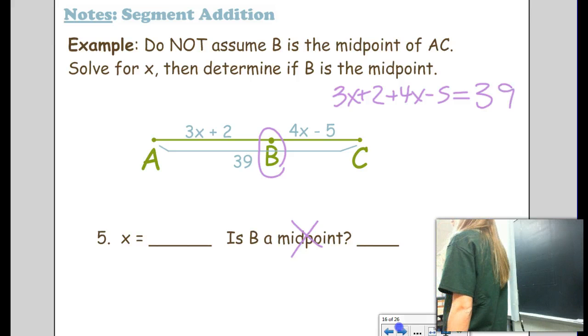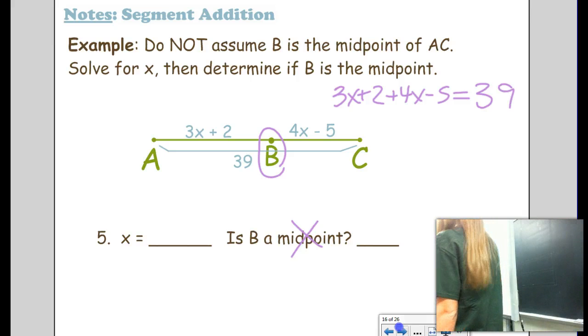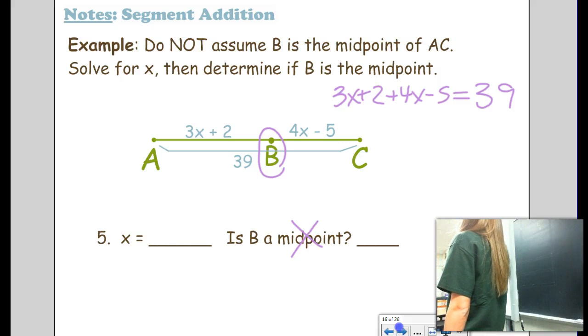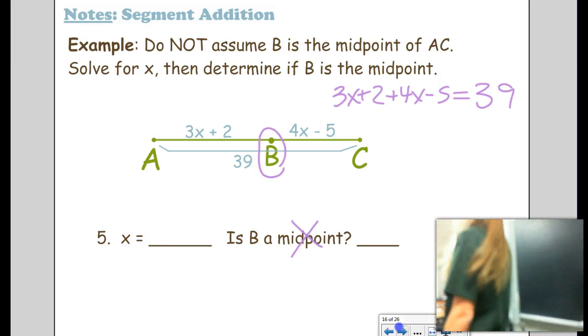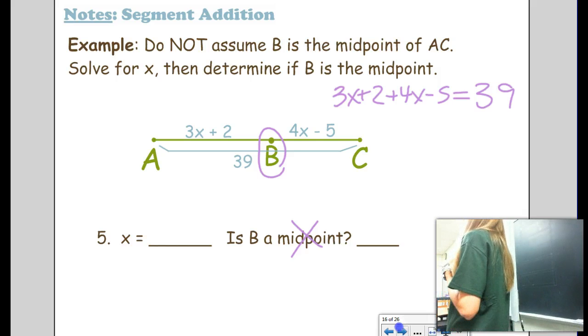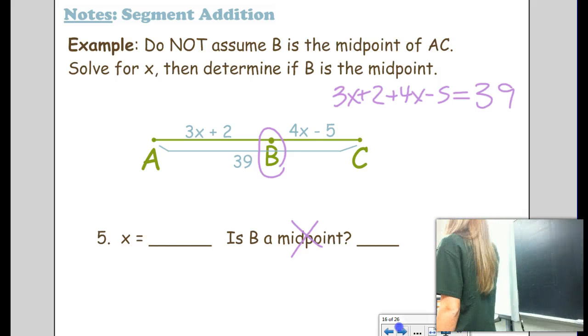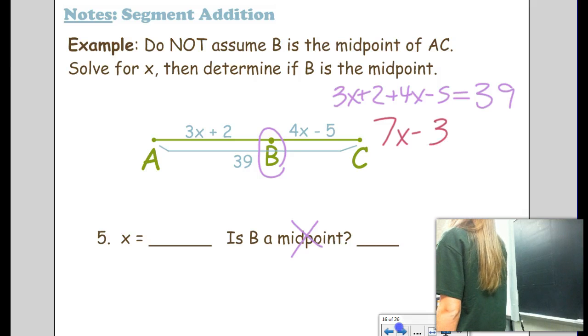Okay, 3x plus 2 plus 4x minus 5 equals 39. If you can't do this, this side goes into y1, this side goes into y2. But I'm going to solve it by hand. Combine like terms. What's 3 plus 4? 7x. 2 minus 5, negative 3. Very good. 7x minus 3 equals 39.